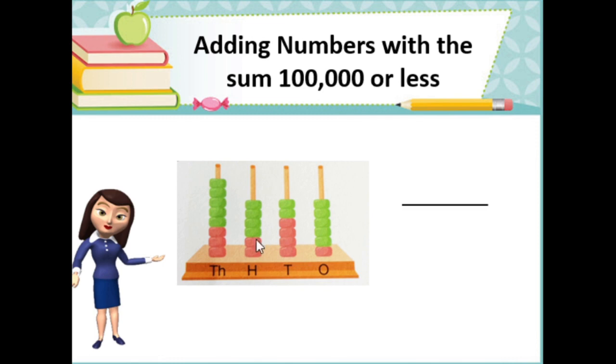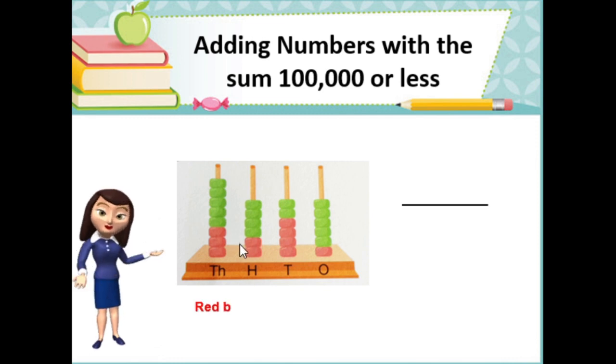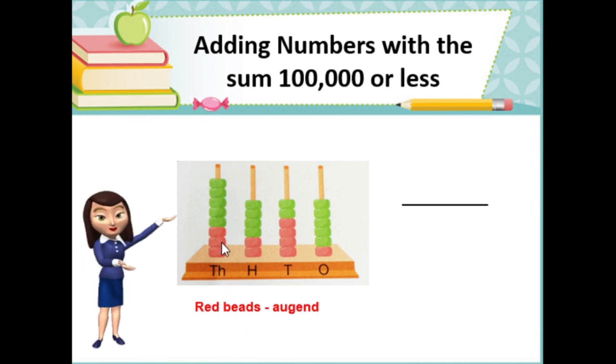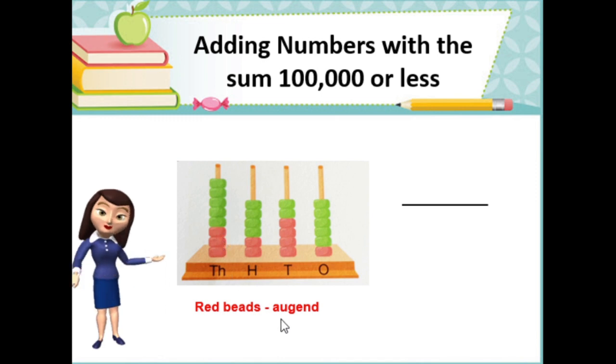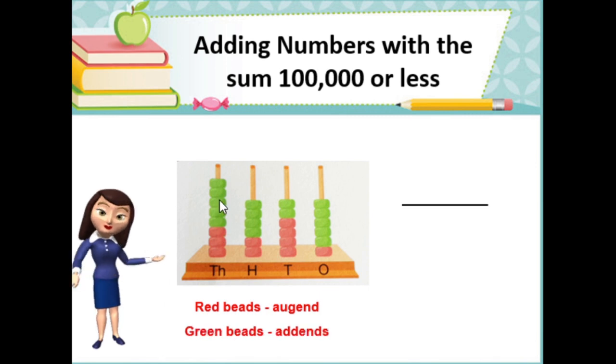Looking at this abacus, you can see two colors, right? The red beads are our augend. And our green beads are for our addends.